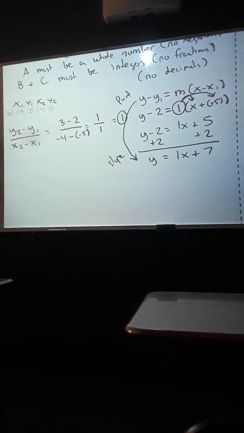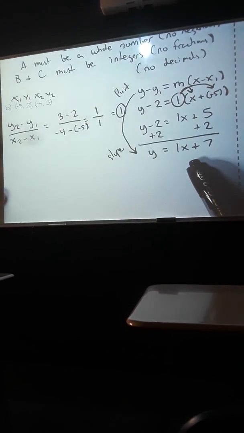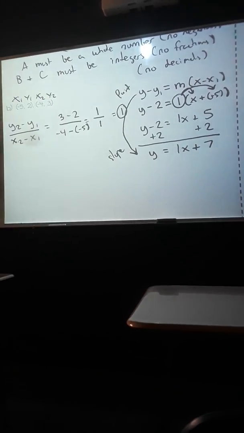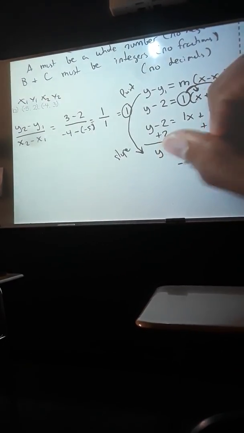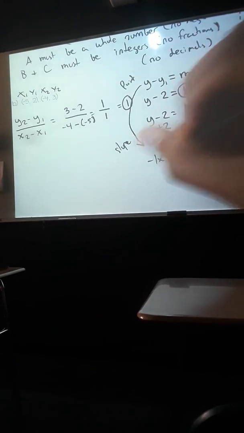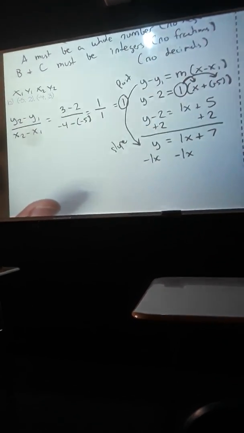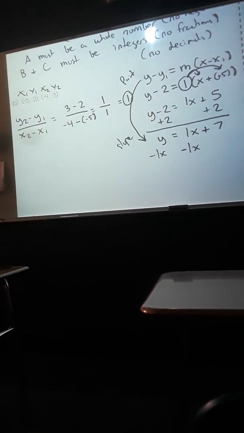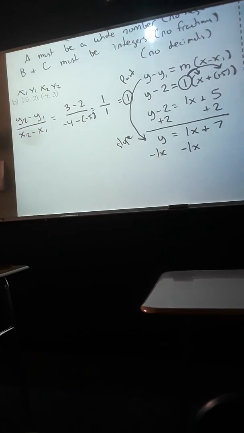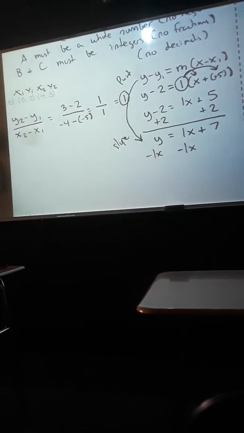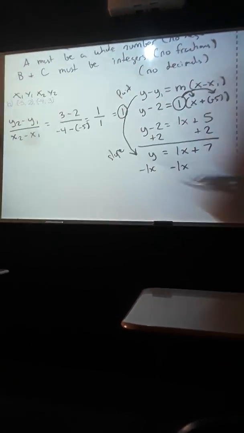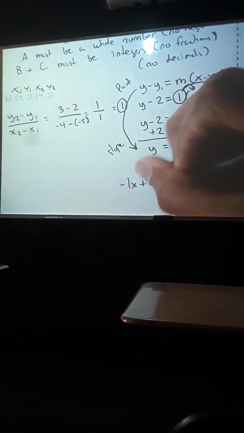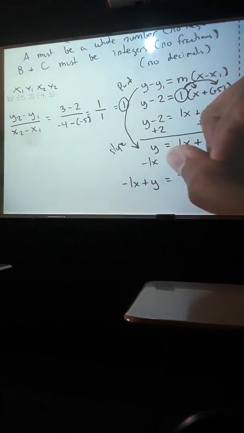So in order to move this positive 1x, I do the inverse or the opposite of positive, which is going to be negative or subtraction of 1x. So right now we have negative 1x plus y is equal to 7.